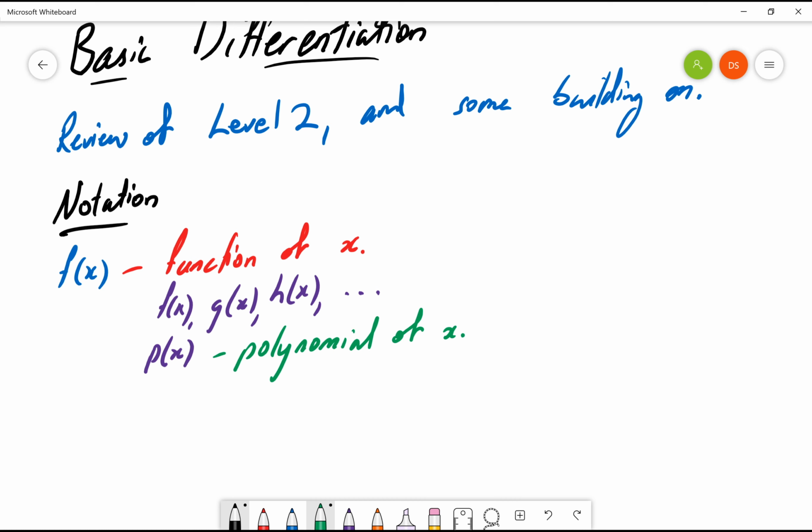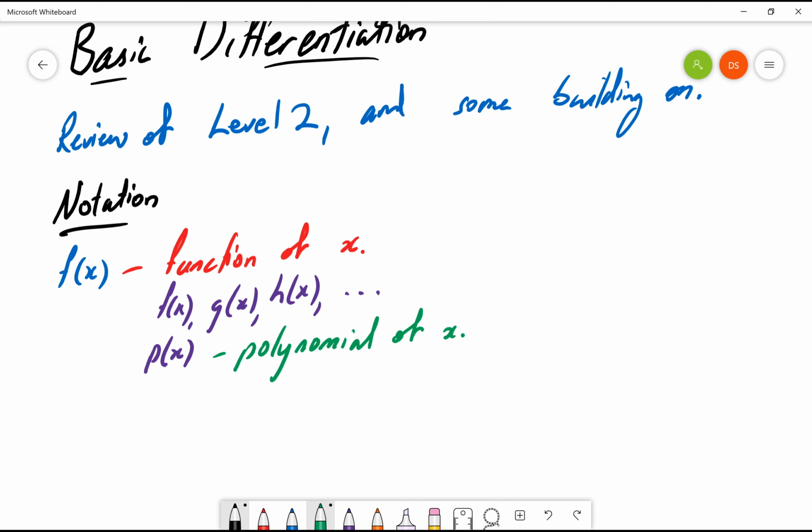Typically when I use p of x, I mean a polynomial. Your teacher may have used this when teaching you algebraic long division or factor theorem or remainder theorem. They use polynomials quite specifically. But some letters you wouldn't use. You wouldn't use x of x or y of x. Or you might use y of x, but it's a bit weird. But you wouldn't use z of x very often.